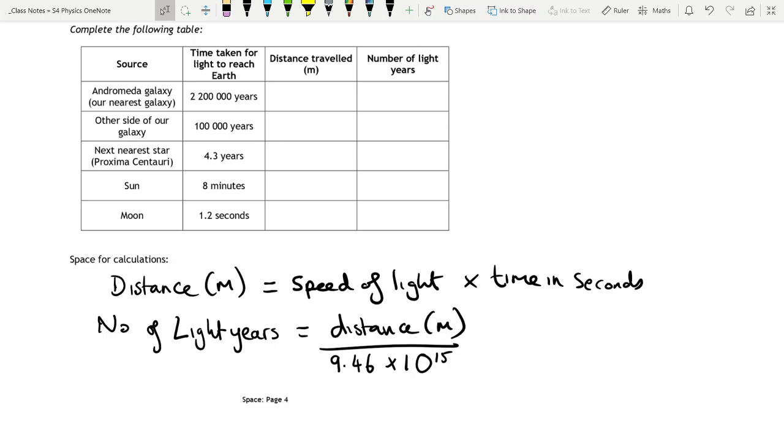We've been given the time taken for light to reach Earth in various units, years, minutes, or seconds. Then we're going to find the distance travelled by that light: speed of light times the time in seconds. And then the number of light years is just the distance in meters that you've worked out divided by 9.46 times 10 to the 15.